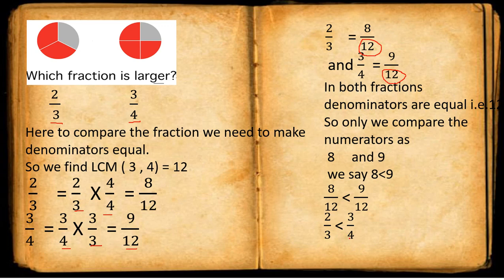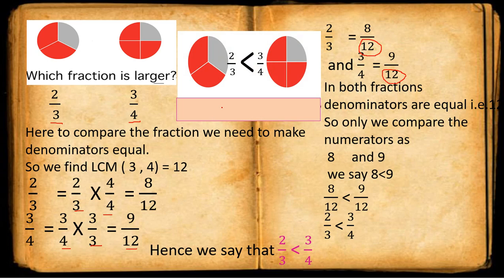Or when the question asks which number is larger, we have to say 3 upon 4 is greater than 2 upon 3. That means the answer for this figure is that 2 upon 3 is less than 3 upon 4, or 3 upon 4 is greater than 2 upon 3.